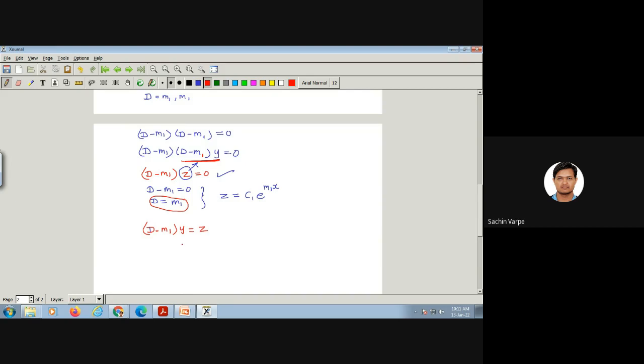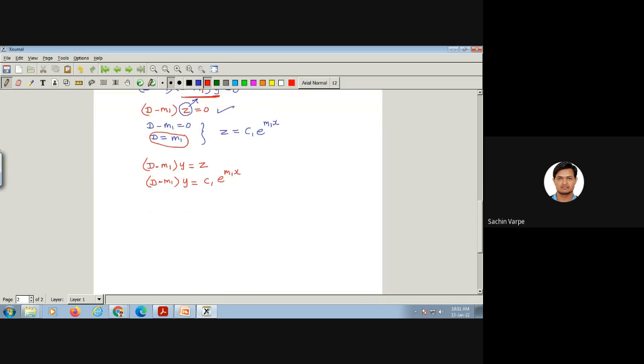So when we substitute the value of z there, (D minus m1) y is equal to z. But what is z? z is c1 e to the power m1x. D we have considered to be the derivative with respect to x. So by taking y inside, it will be of the form dy by dx minus m1y is equal to c1 e to the power m1x. Yes or no?